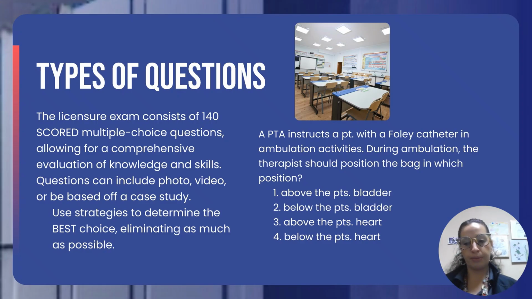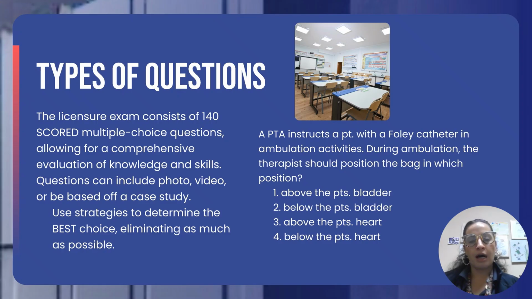I would eliminate 3 and 4, because what does the heart have to do with a urinary catheter that's attached to maybe the bladder, right? Bladder and urine have more of a connection than heart, right? So I would probably take out 3 and 4. That leaves me with two choices, 50% chance of getting it right now, right?